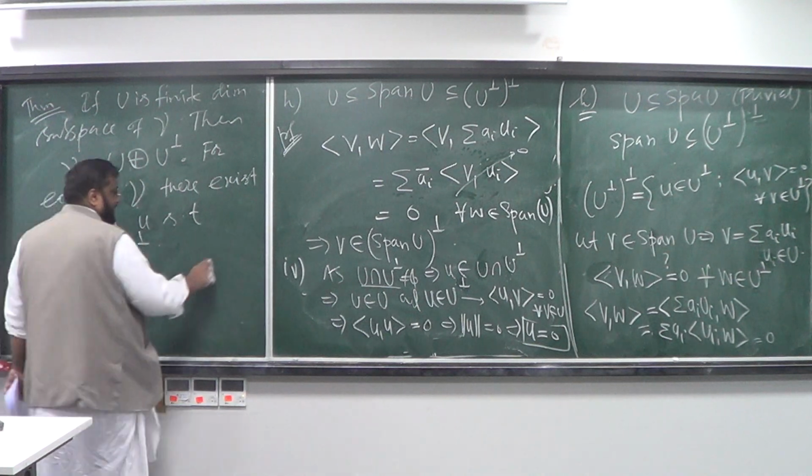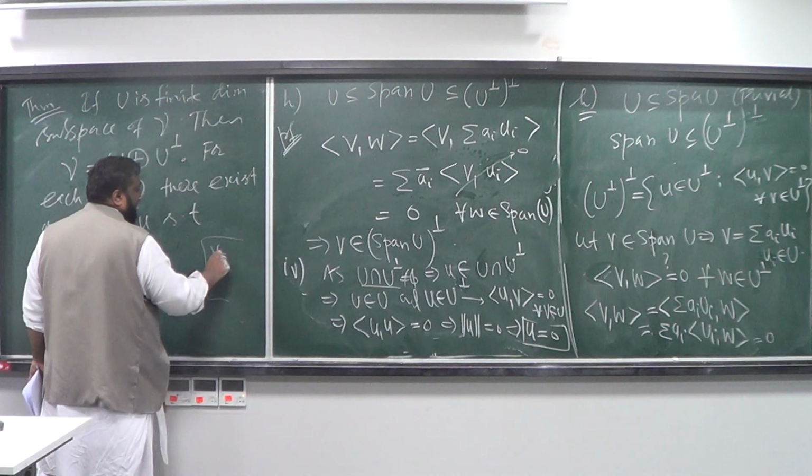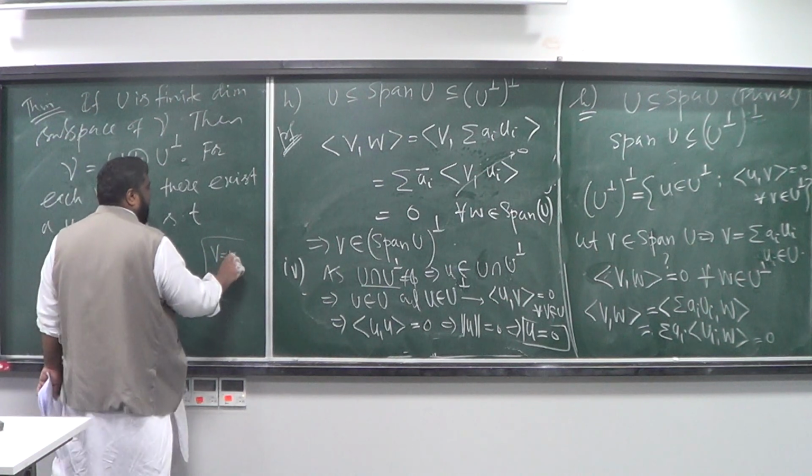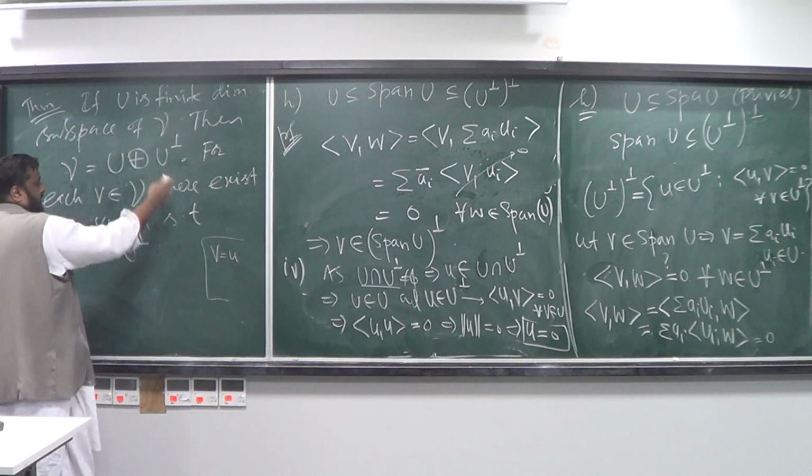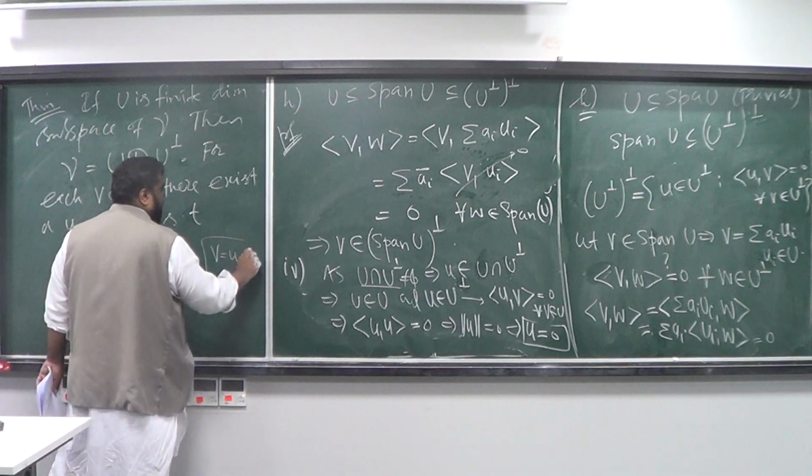That is, every V can be uniquely written as an element of U and U perp actually, because V can be written as u plus V minus u.